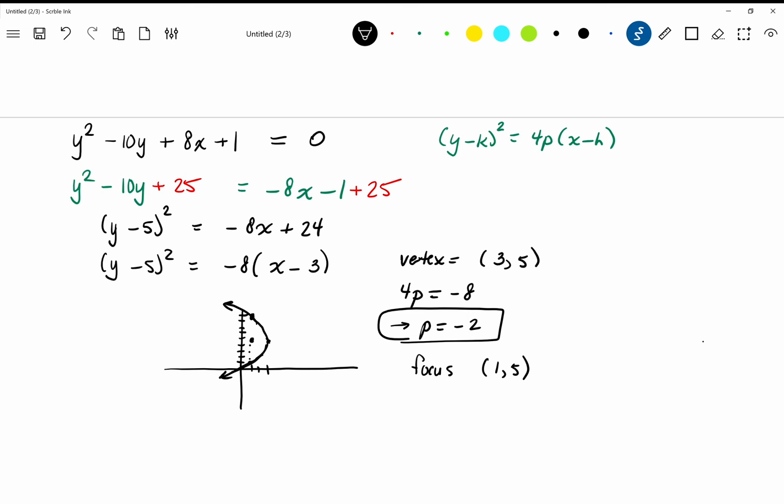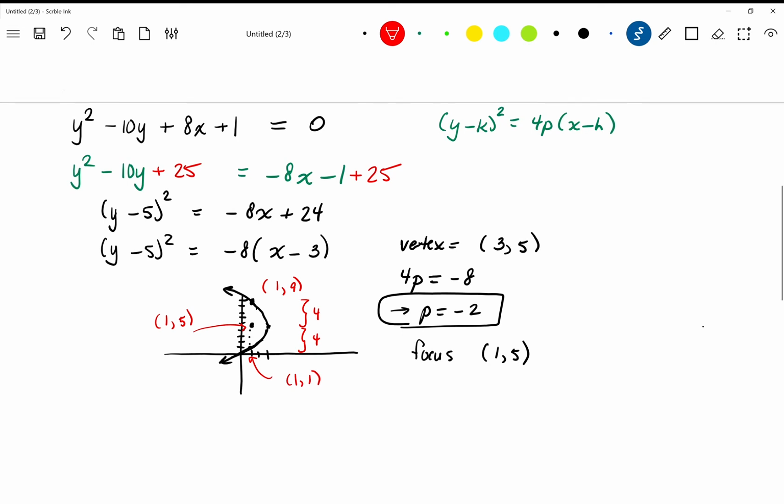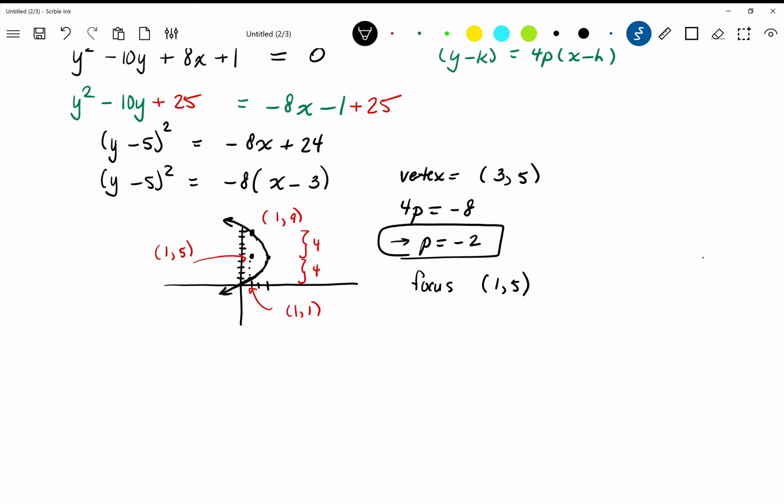As far as what points those are, we already know that this point right here is (1, 5). If this is 4 units up, this must be (1, 9), and if this is 4 units down, this must be (1, 1). Now, if we go to any form of the equation of the parabola, I'm just going to pick the original because that's where everything started: y squared minus 10y plus 8x plus 1 equals 0.